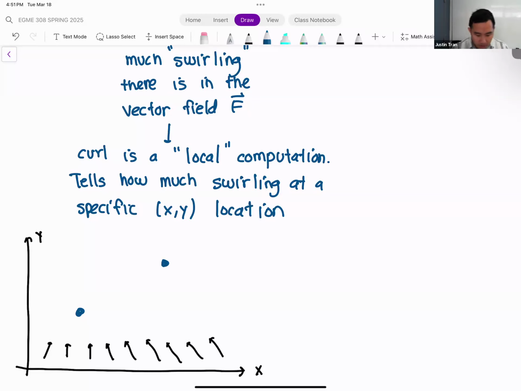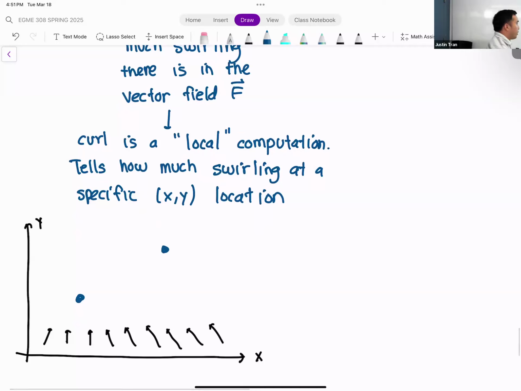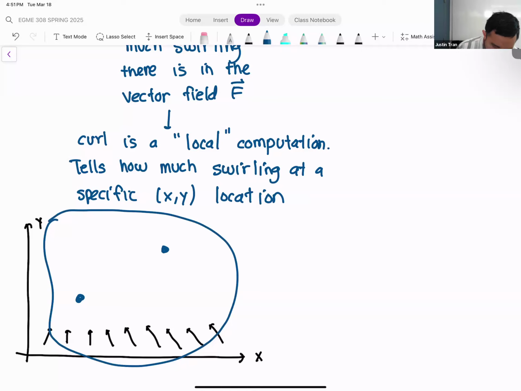Okay. But we're not just computing the curl here, right? In Green's theorem, we're taking the double integral of the curl within a given region. So let's say we have a region R right here. By integrating the curl over this region R, remember, one way to interpret the integral is almost like a summation of everything inside that region.